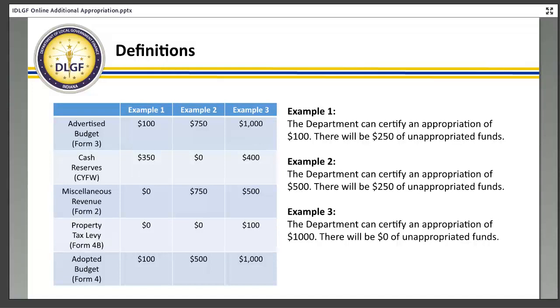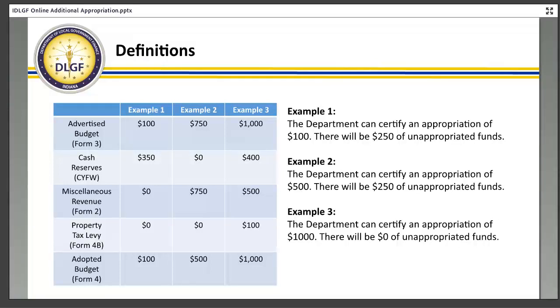In example 1, the department could have approved a budget of up to $350, but based on what was advertised and adopted, the department will ultimately end up certifying an appropriation of $100, leaving $250 of unappropriated dollars in this fund.